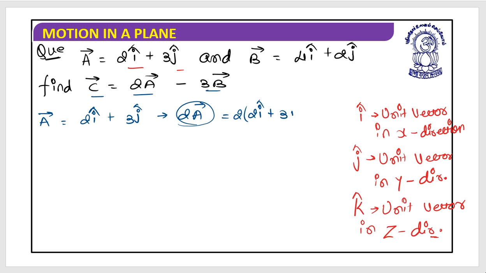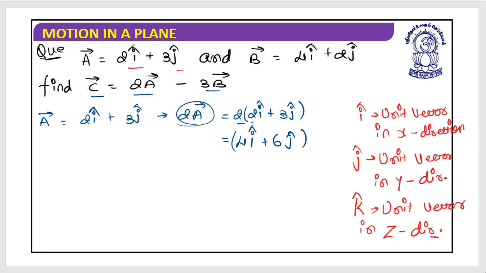So 2i plus 3j multiplied by 2: 2 into 2 is 4, the direction remains the same, so it is i cap, and 2 into 3 is 6 into j. So 2A is 4i plus 6j.